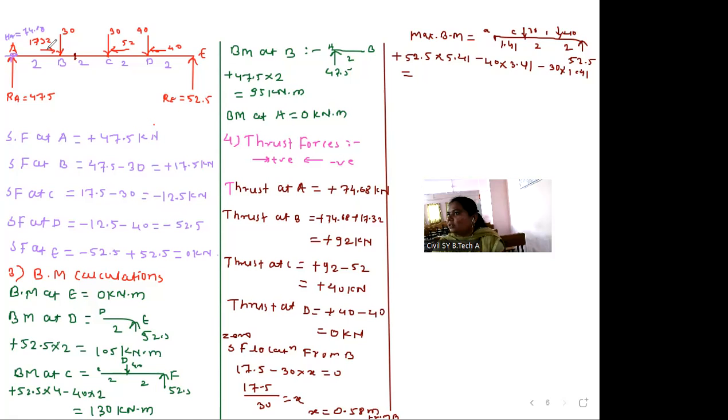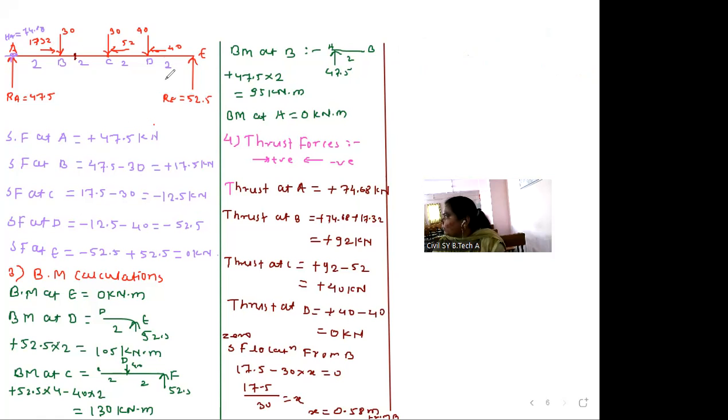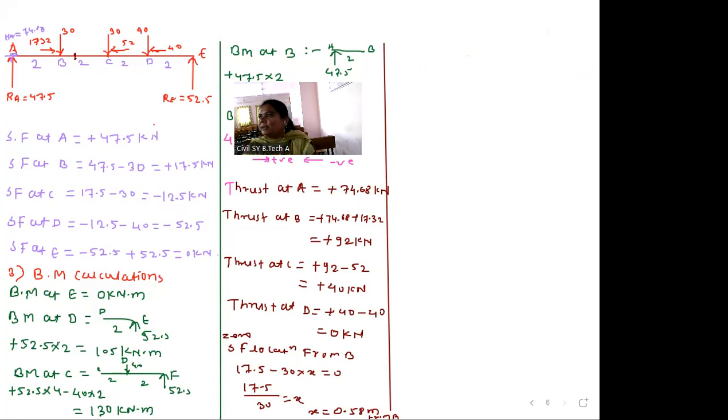After that we will draw the shear force and bending moment diagram. Because of this, RA and RE we will get after doing all calculations. Or even the zero shear force location is not necessary for this inclined type of problem. So we will draw the bending moment and shear force diagram.